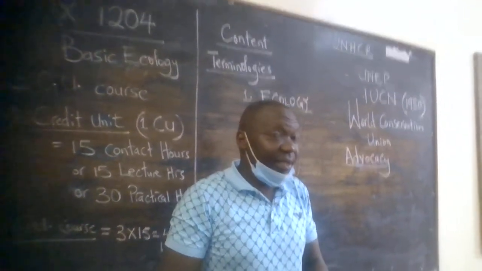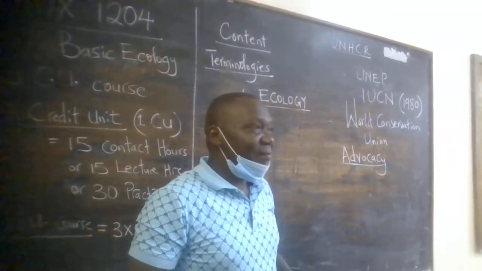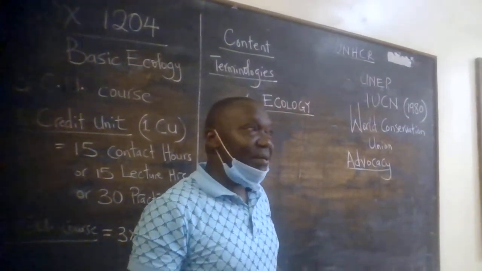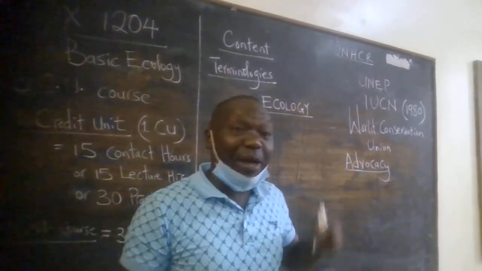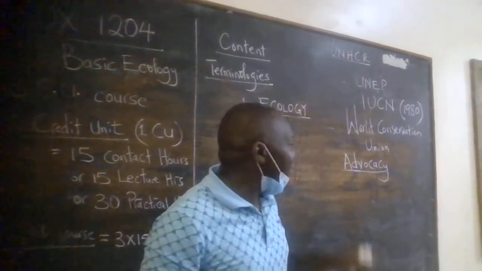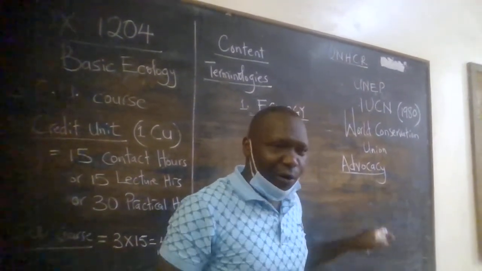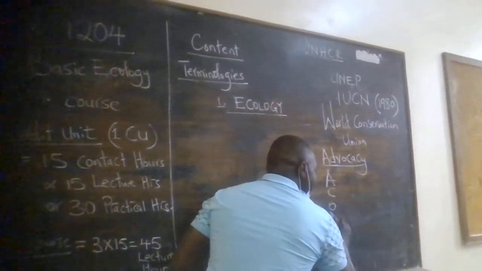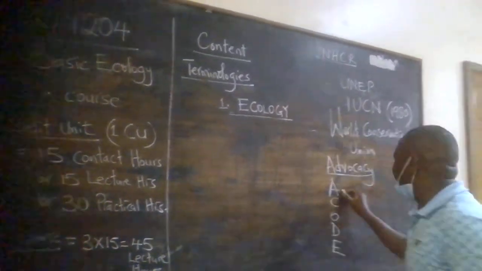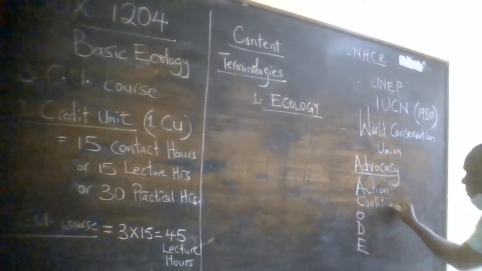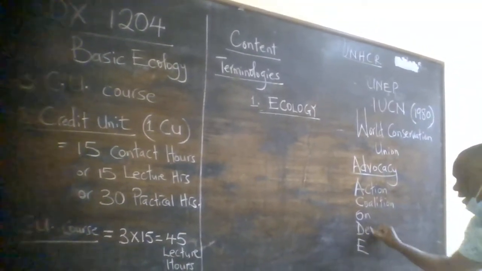You get the point? For instance, the government of Uganda may want to set off part of Mabira forest, and now you are working with an NGO, which is called ACODE. ACODE is an NGO in Uganda, which is called Action Coalition on Environment and Development.